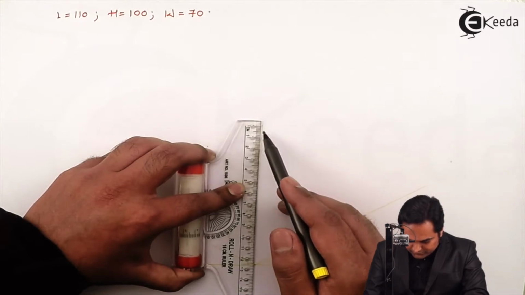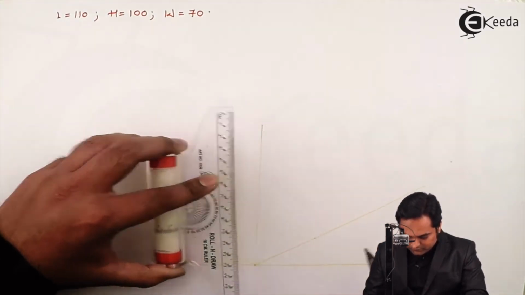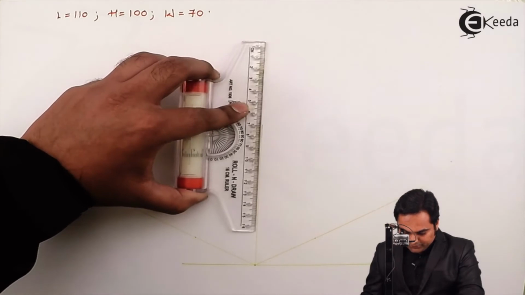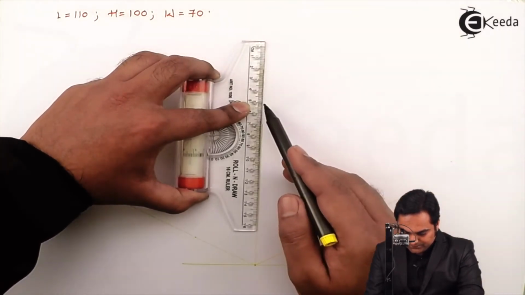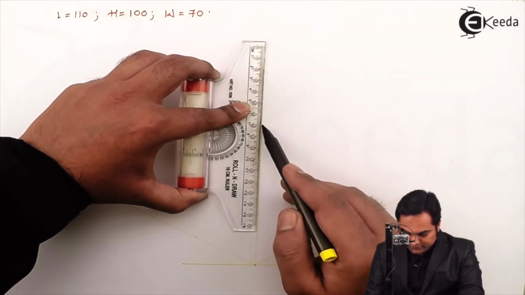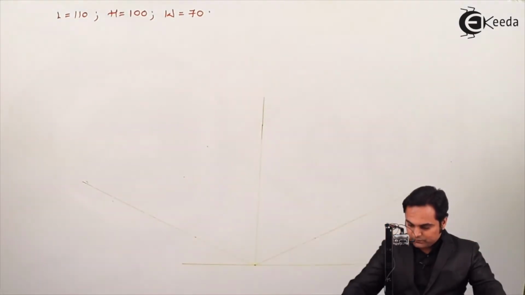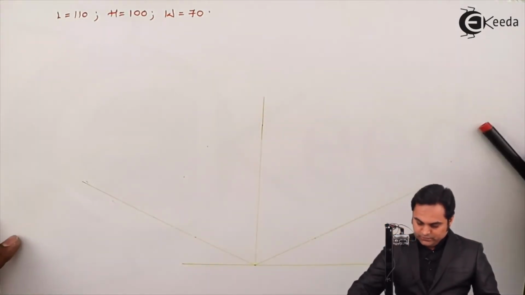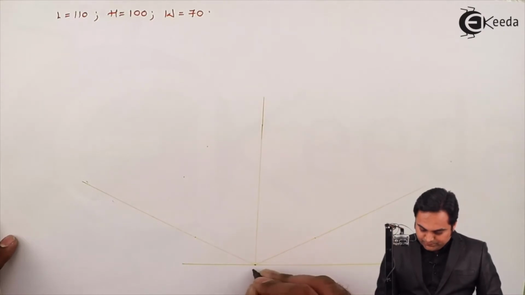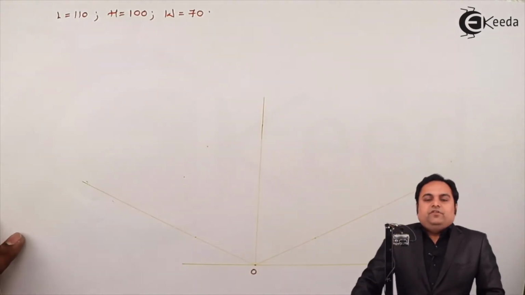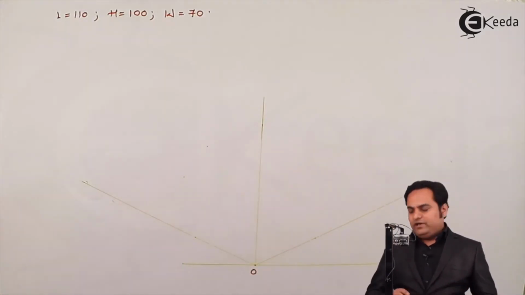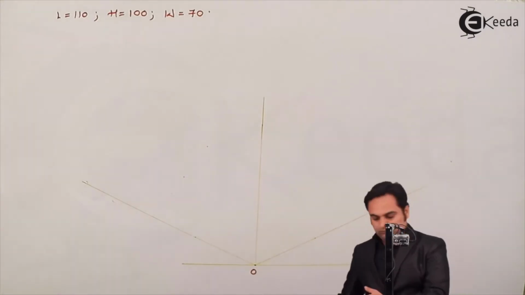From this same point I am drawing a light line which is exactly perpendicular, so a 90-degree line. Then I'll say this point is the origin, because in isometric projections the origin is required.